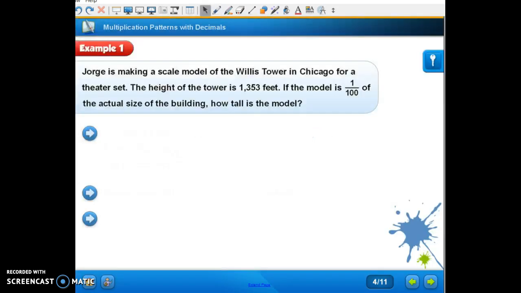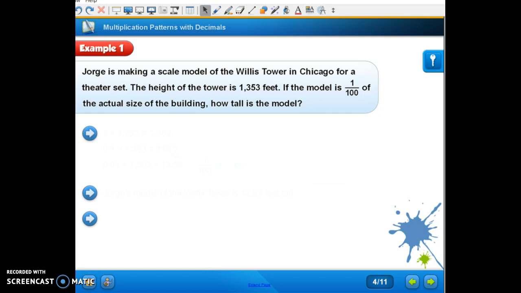Jorge is making a scale model of the Willis Tower in Chicago for a theater set. So in other words, they're going to perform a play or something that they need to have a replica of the Willis Tower. And he's making a scale model, meaning it's not going to be the same size as the real Willis Tower, but for every foot on the real Willis Tower, maybe he's going to use an inch or a quarter inch so that it stays in proportion.